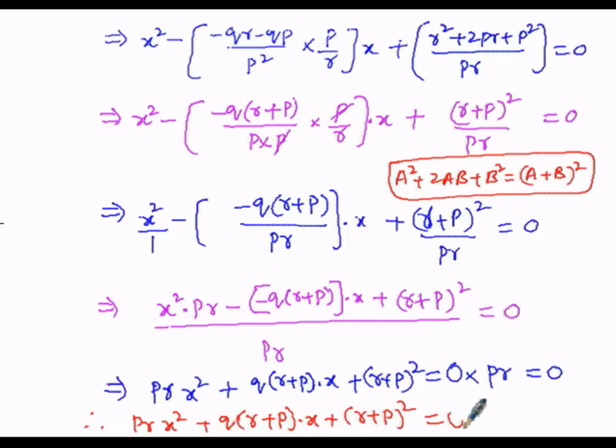This is the equation so formed by taking the roots as alpha plus 1 by beta as the first root and beta plus 1 by alpha as the second root. So in this manner, this is the framed equation.